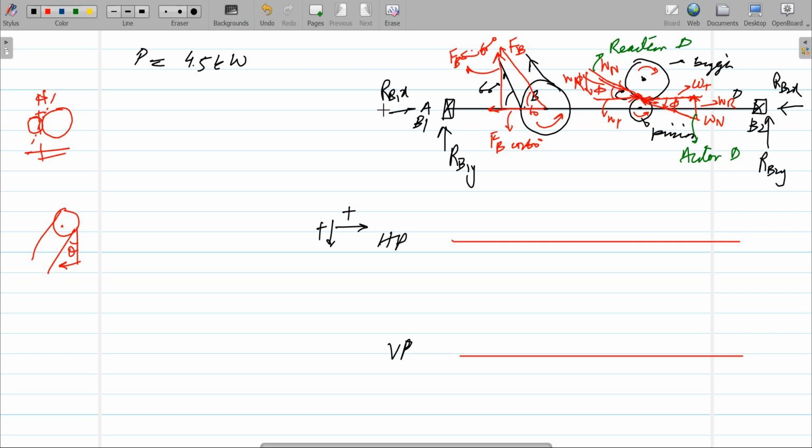So if you look at this force RB1X, because it's a horizontal force but on the right side, it is written like this. So this force is RB1X. Hopefully you have understood this. So you actually flip this force so you can draw it on the horizontal plane.